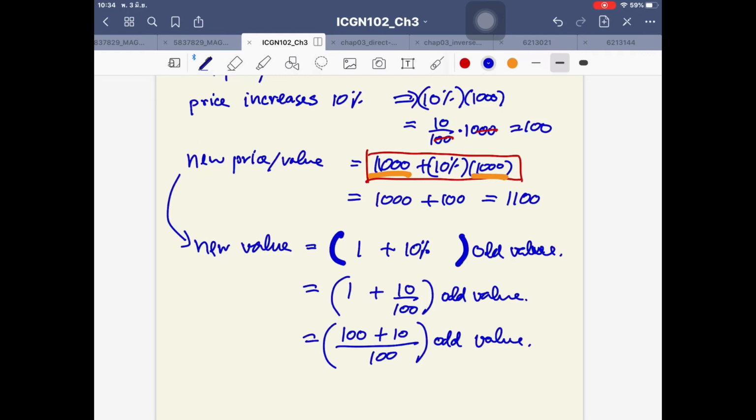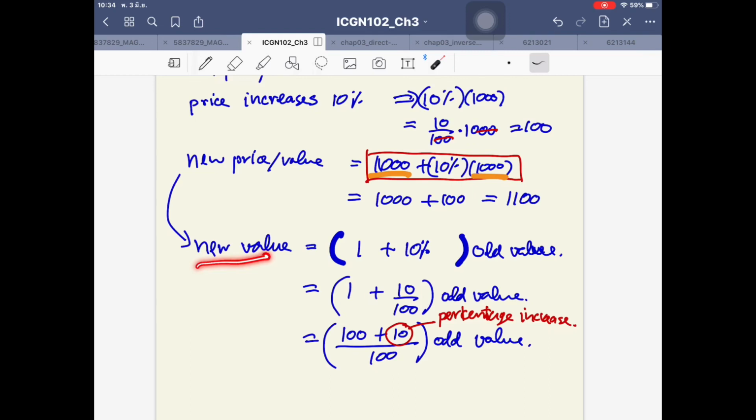Then in the general case, for the general problem, the number 10 will be the percentage increase. So now you can see that we can get the formula.